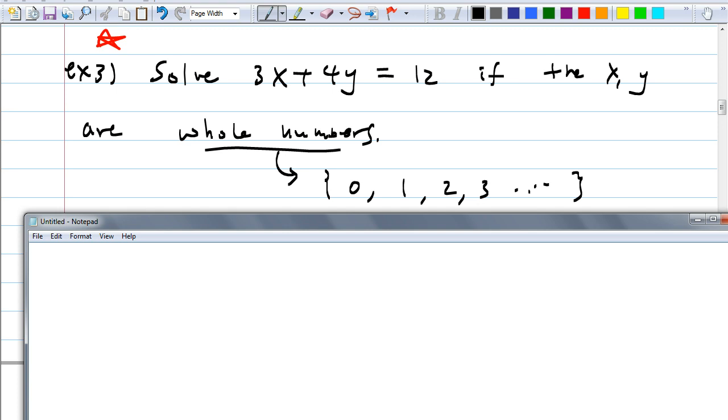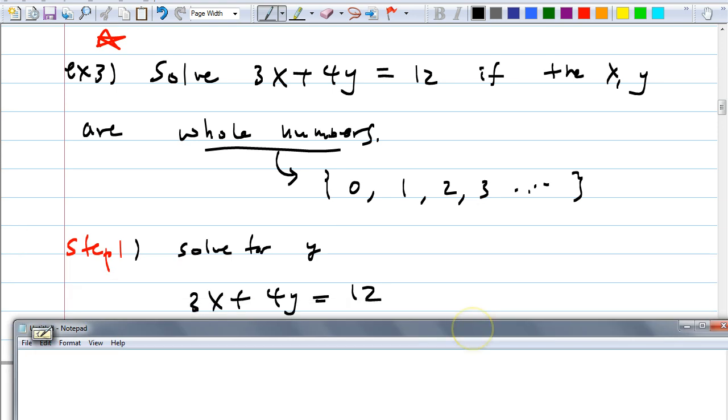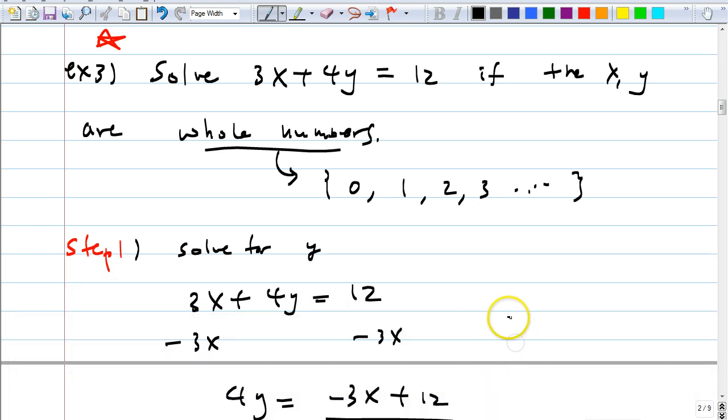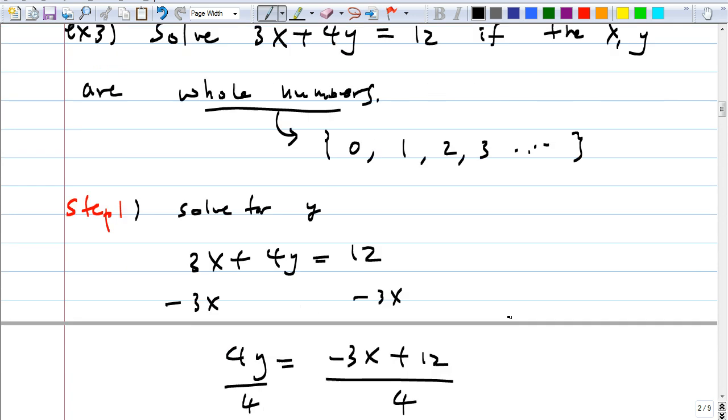Actually, the same way that we did with example 1. What's our step 1 in order to find the solutions for this? Solve for y. So how do we solve for y for this one, Emily? Subtract 3x, then what? Divide both sides by 4. You get 4y equals negative 3x plus 12, divide both sides by 4.